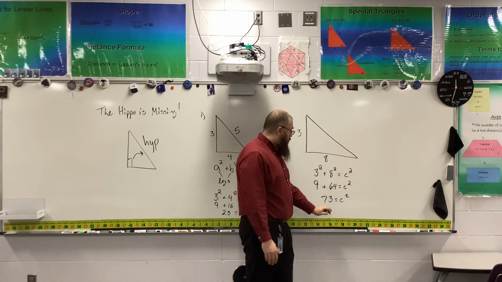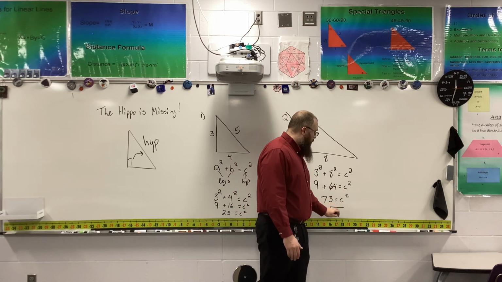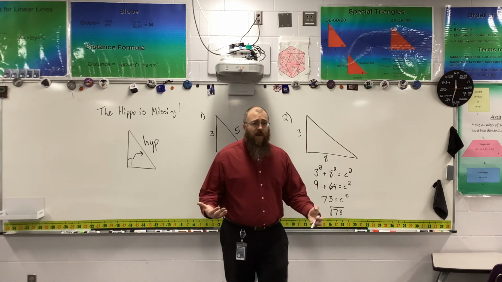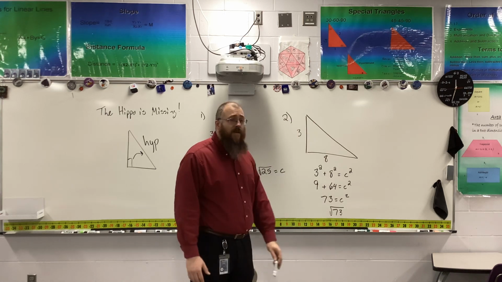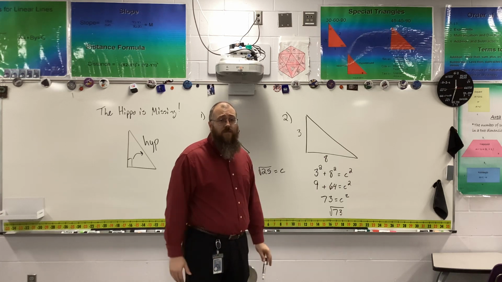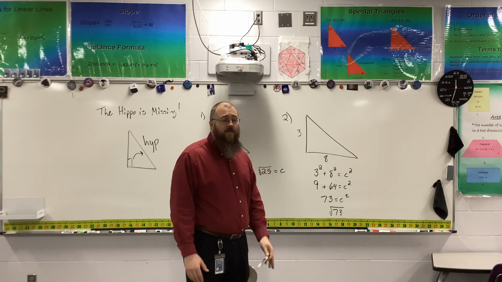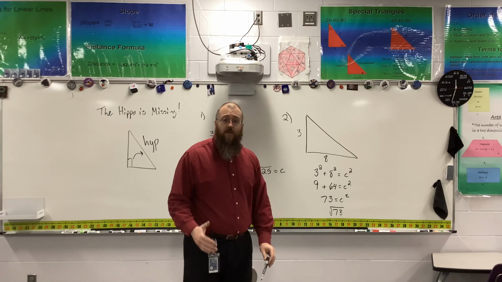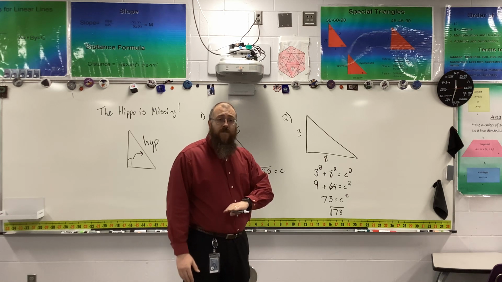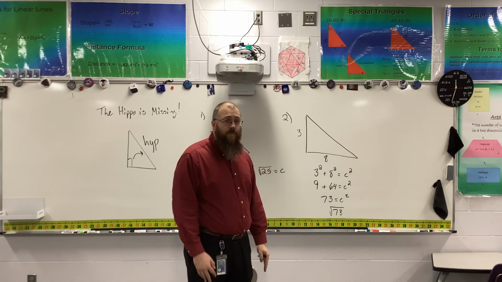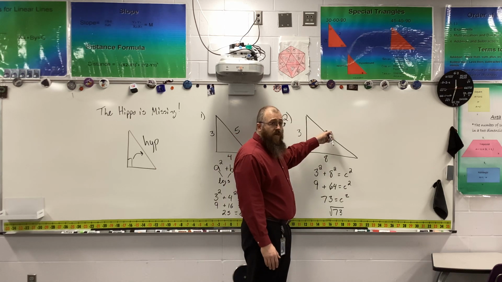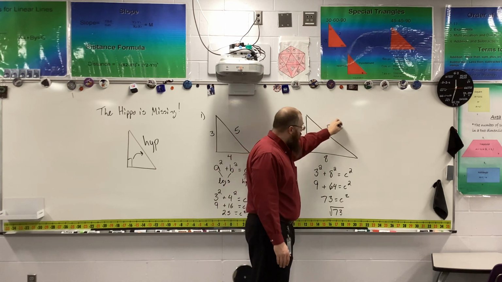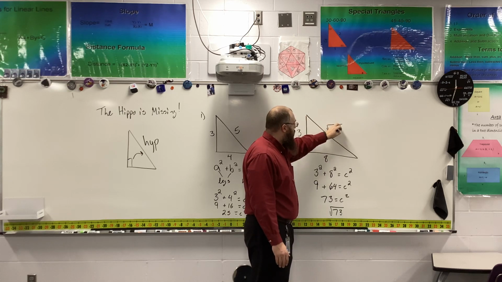Now when Mr. P goes to take the square root of 73, this is not on my list of potential square roots. If I were to plug it into my calculator, I'm going to get a terrible decimal from it. Anytime that happens, if I do a square root and I get a terrible decimal, Mr. P wants us to leave it in root form. So when we go to put it back into here, we're going to call it the square root of 73.